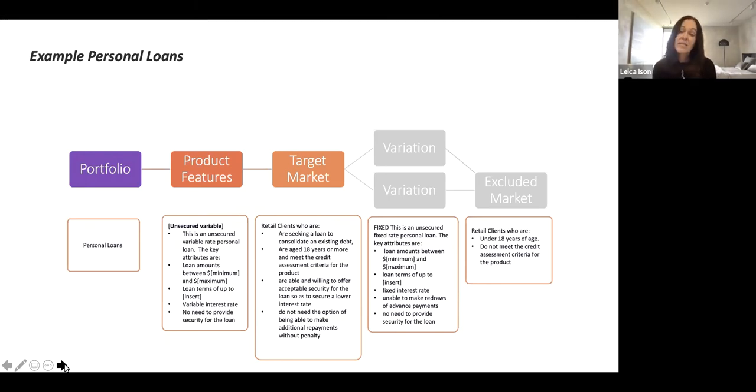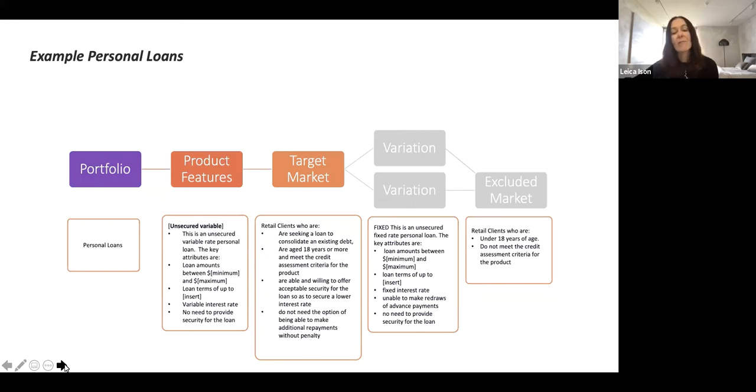Now, the same thing here with the variations. So there is a big difference between a variation and a product feature. And the way I like to think about that is that if I've got a variation in the product, when I go and look at the target market, it actually is consistent.